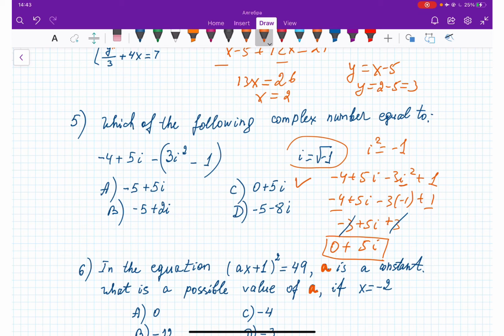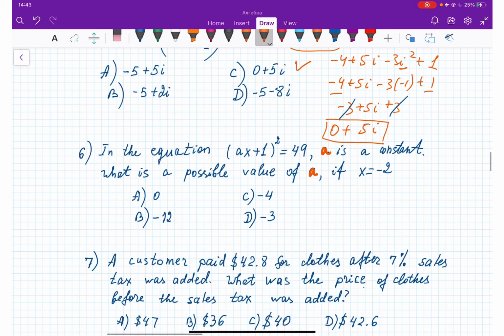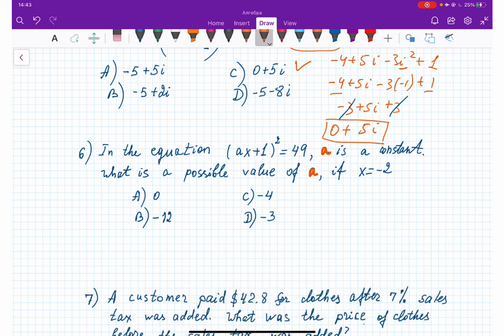Moving to question number 6. In the equation a times x plus 1 squared equal 49, a is a constant. What is the possible value of a if x is equal negative 2? Very easy. We are working on it. So instead of x, I am plugging negative 2.